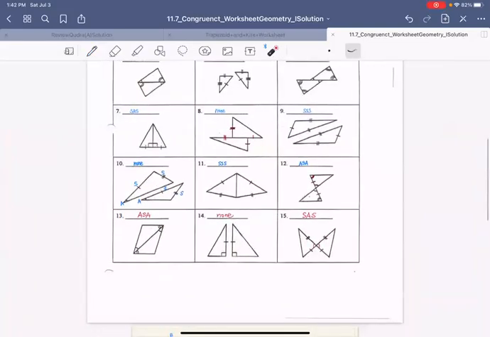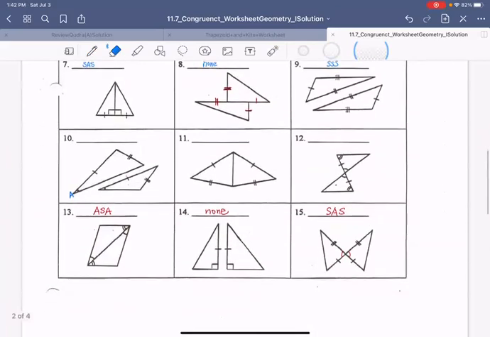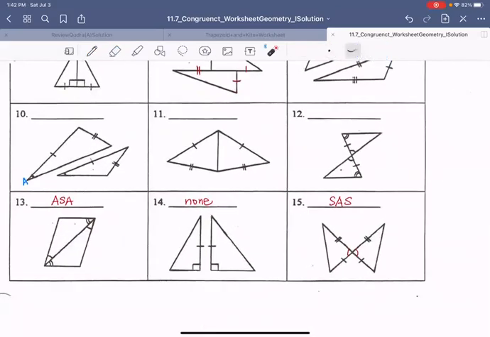Next question. Abby, number 10. Angle side, wait. Side angle, but the side angle doesn't work, right?